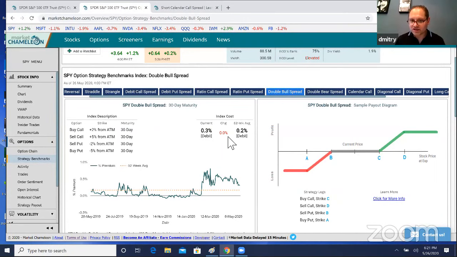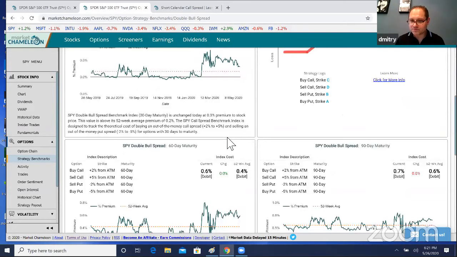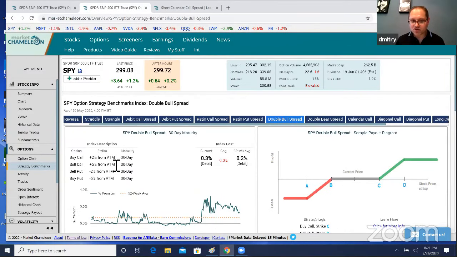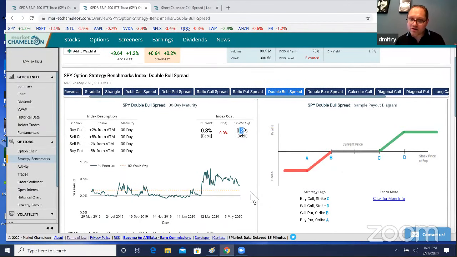Over here, you can see how they line up today. This is an out of the money call spread, 2%, 5%, and an out of the money put spread, 2%, 5%. So you could really quickly get a sense of where those skews are trading today relative to the historical levels.